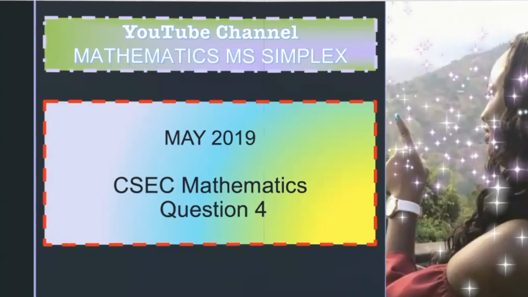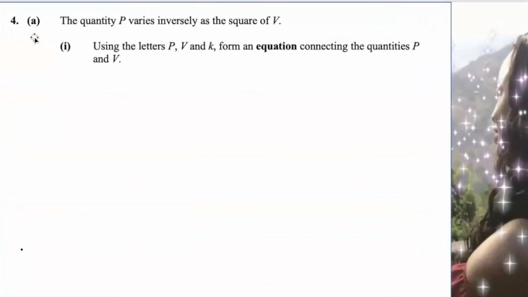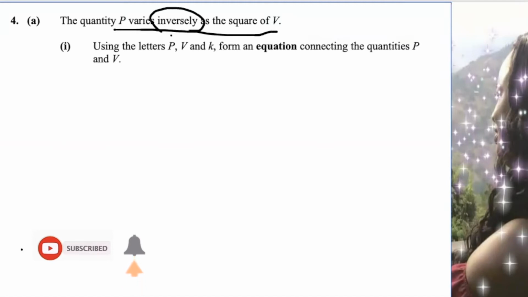Let's get into it. The question states that the quantity P varies inversely as the square of V. Using the letters P, V, and K, form an equation connecting the quantities P and V. Here we say P is inversely proportional to the square of V. Inversely means we can rewrite this, and don't forget the square, as P is proportional to 1 over V squared.